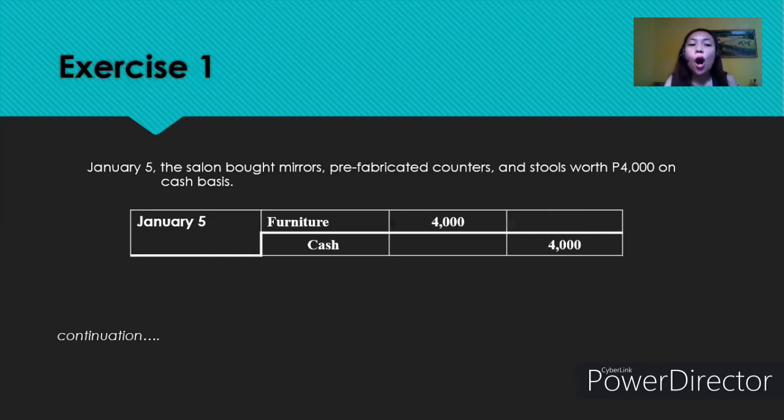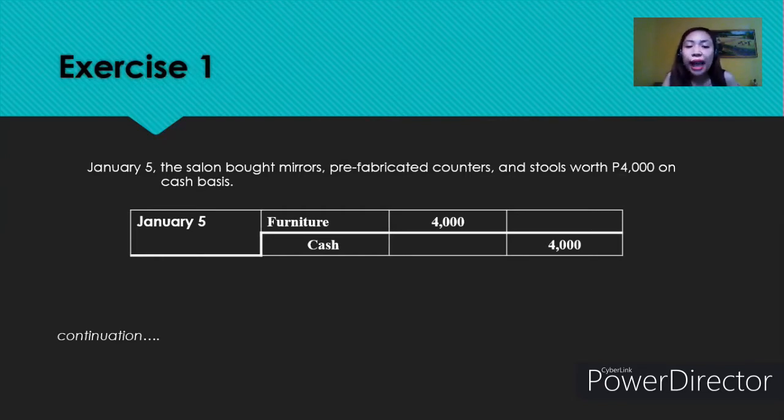Next, on January 5, the salon bought mirrors, prefabricated counters, and stools worth 400,000 on a cash basis. In this case, this is what we call office furnishing, or we can use a furniture account.